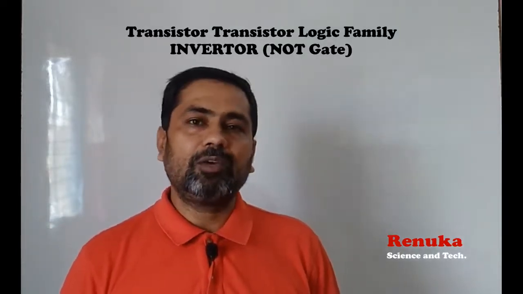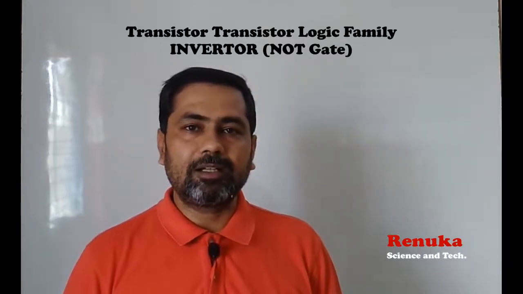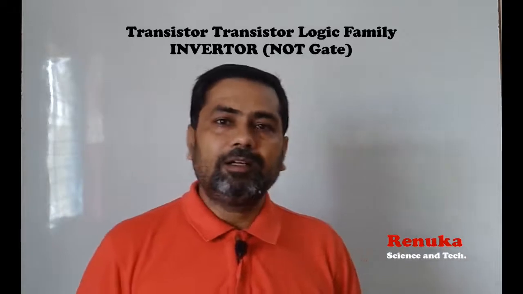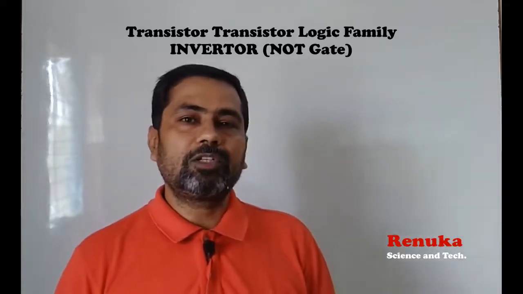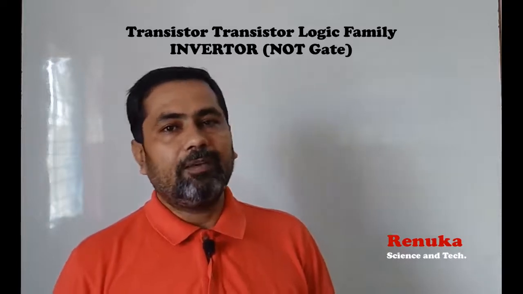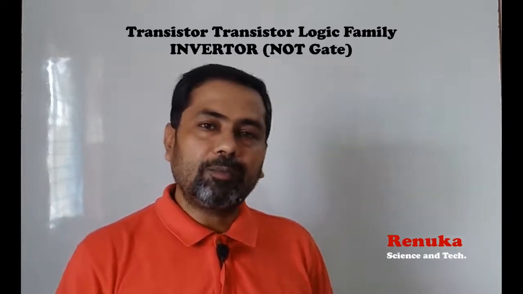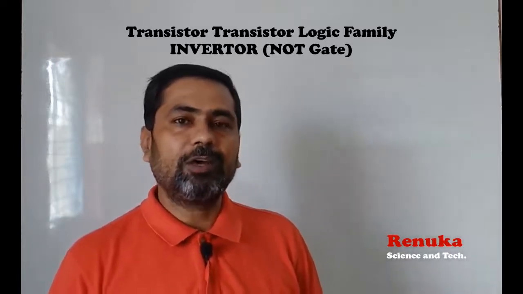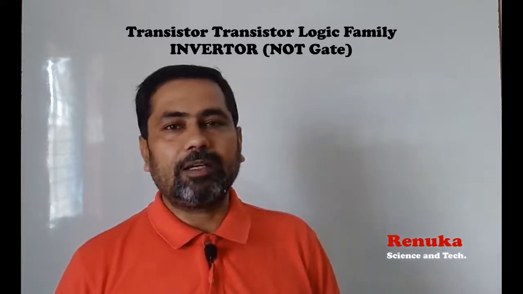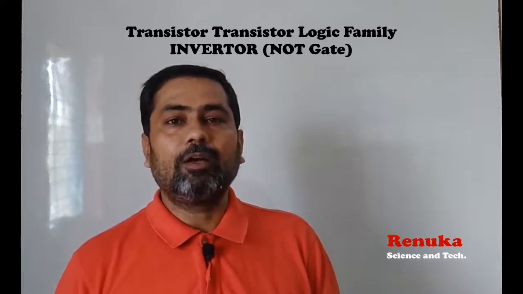So we are going to discuss transistor logic. First of all, we will start with the transistor logic NOT gate. The NOT gate is also called an inverter, because whenever an input is given, the output will be the complement of the input. So the first basic circuit in transistor logic is the NOT gate.